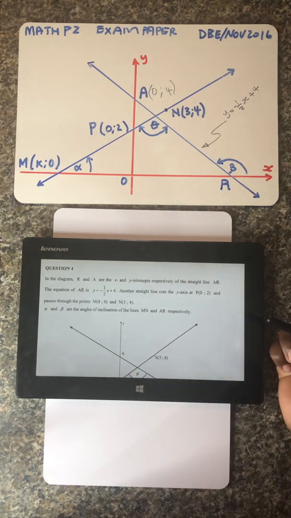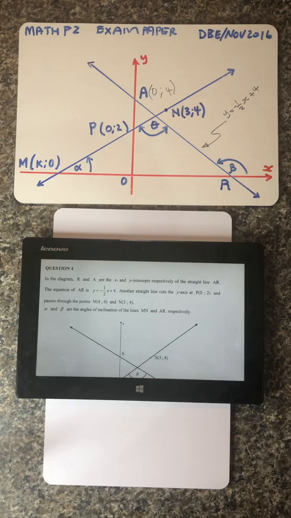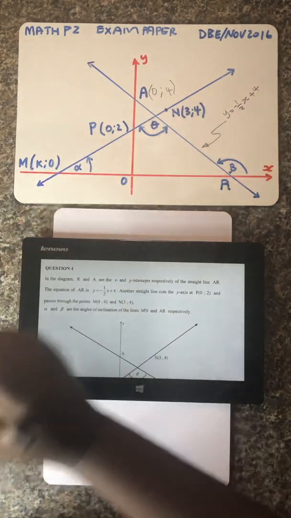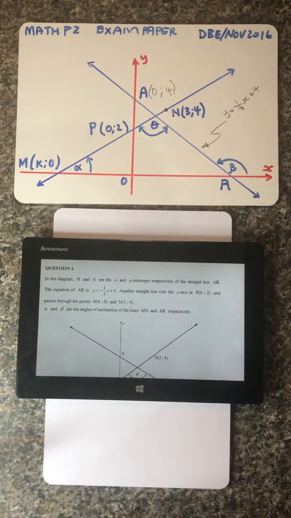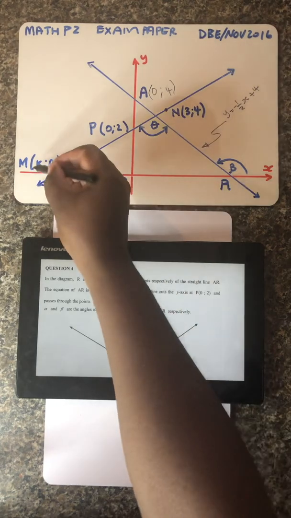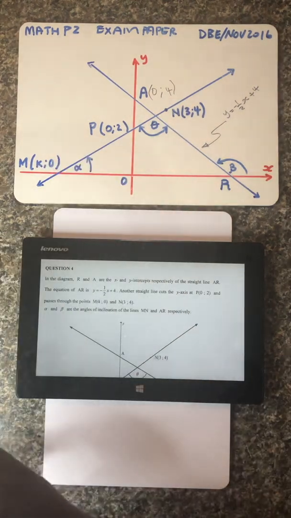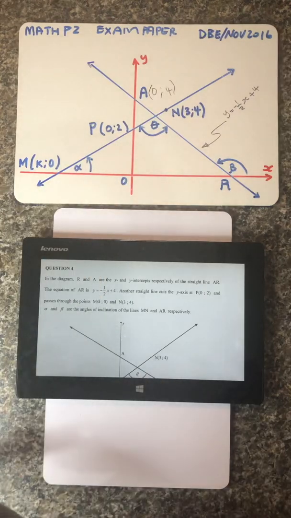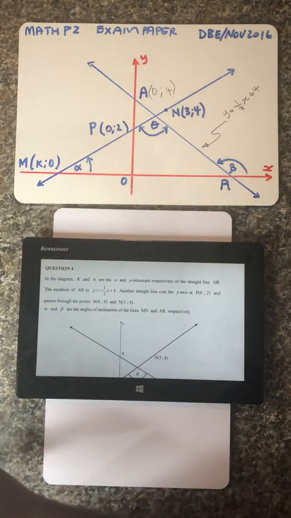I hope you're able to see this is M and this is K. So guys, let's see. Obviously at K, the x value is referred to as K, and the y value is 0 at the x-intercept.